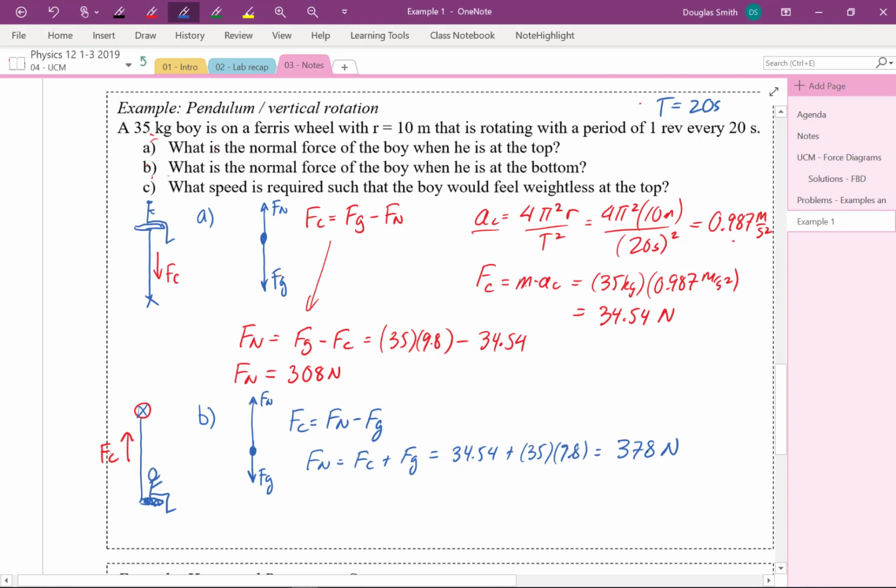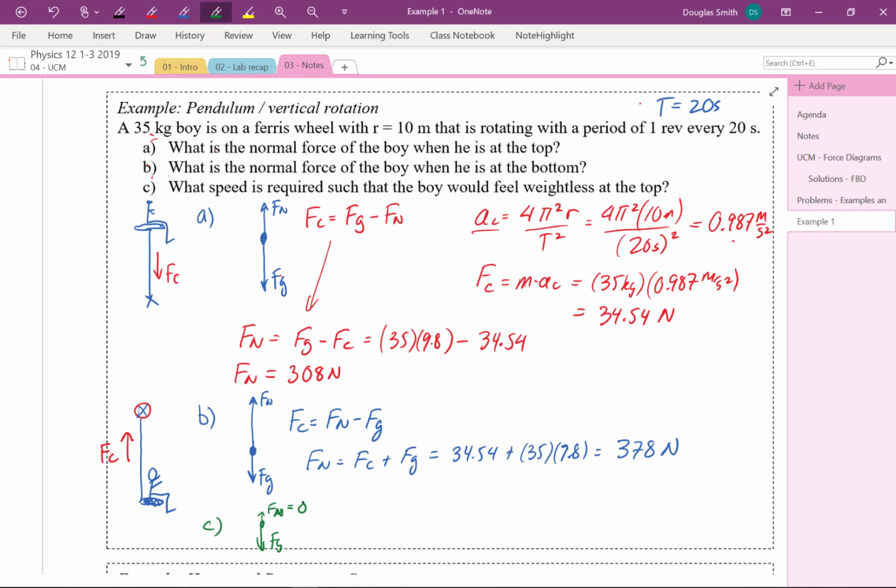Question C. What does it take to feel weightless at the top? So if you feel weightless at the top, it's kind of like A, only Fn is so small. Weightless is the idea that you're losing contact, so it's actually zero. As soon as your bum comes off that seat, you'll feel weightless.